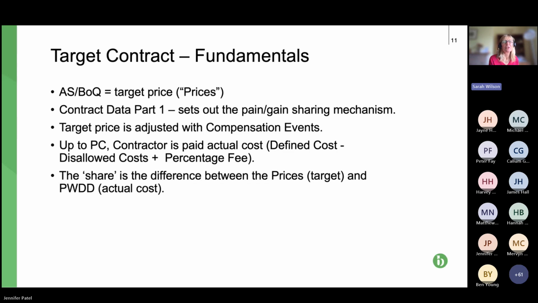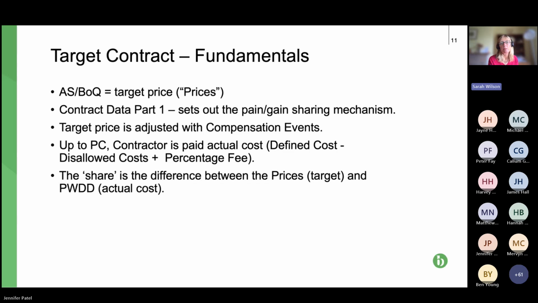I think I've already covered the target prices adjusted by your compensation events, because we talked about it being implemented in the same way as options A and B. So the fourth bullet point just puts a bit more meat on the bones of the process through the interim payments.